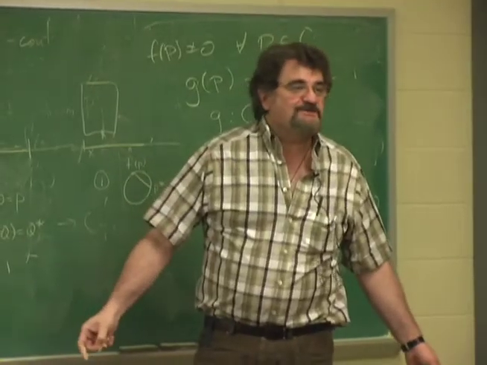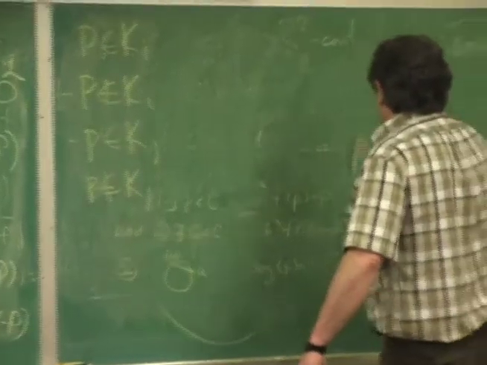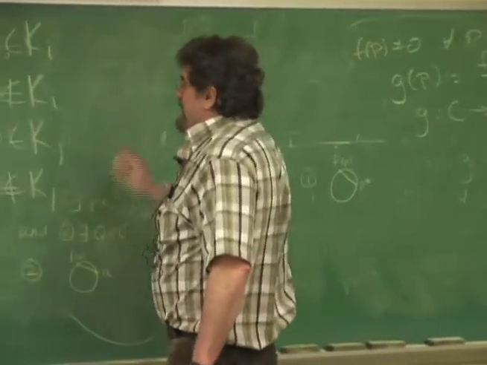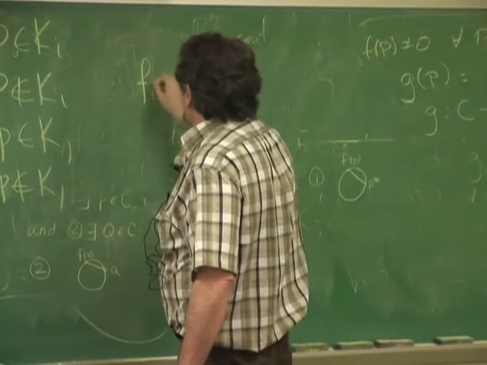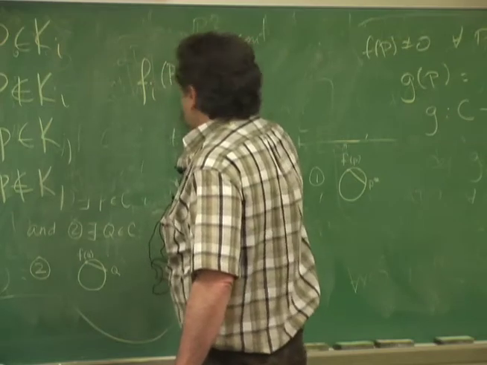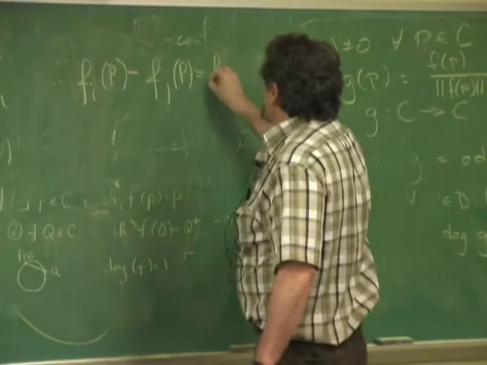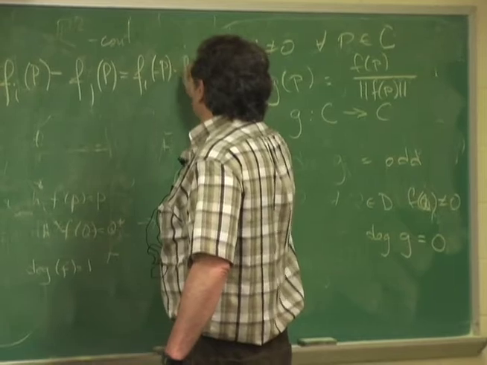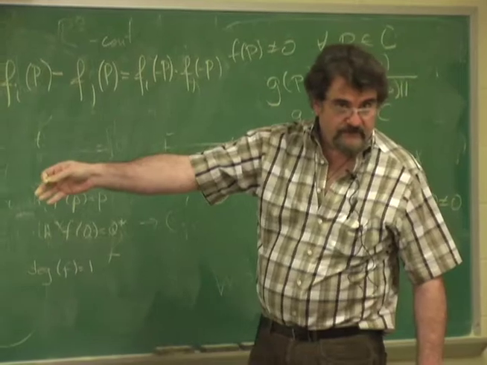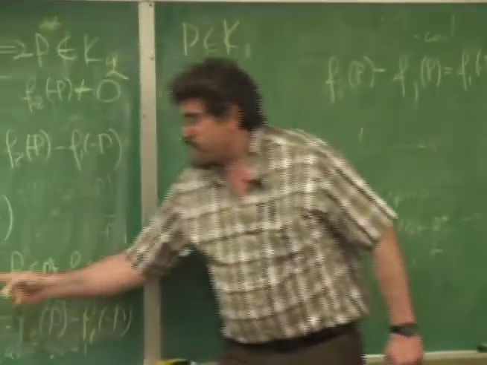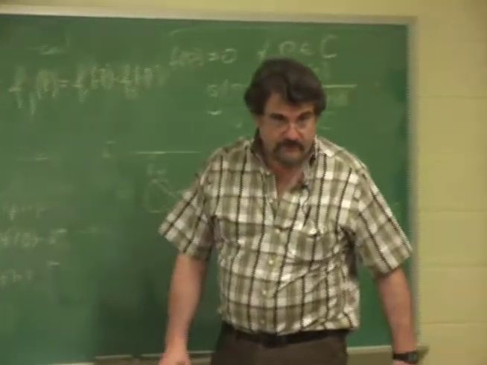P and minus P must belong to two different guys. And now I know what to do. I can write fi of P minus fj of P must be equal to fi of minus P minus fj of minus P. This is true because if I subtract the equations, I get the same not for 2, 1, but for 2, 3.